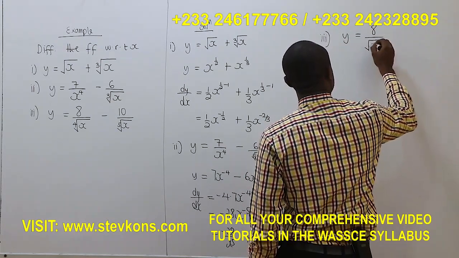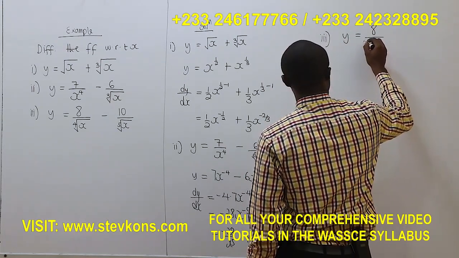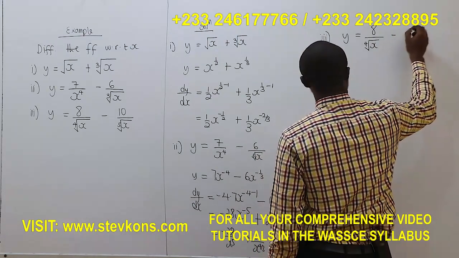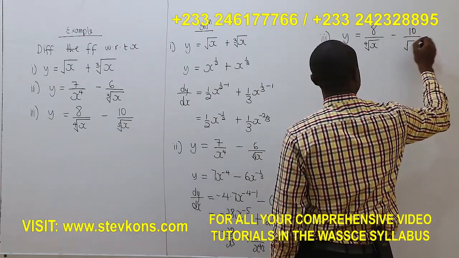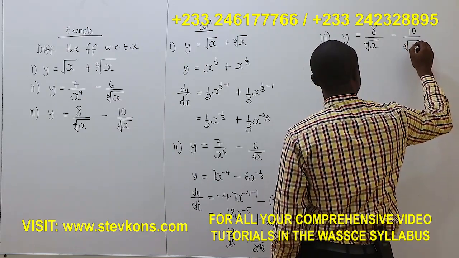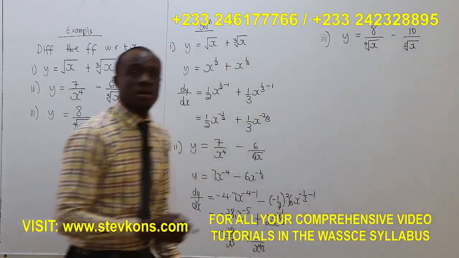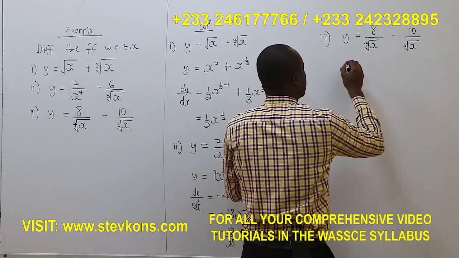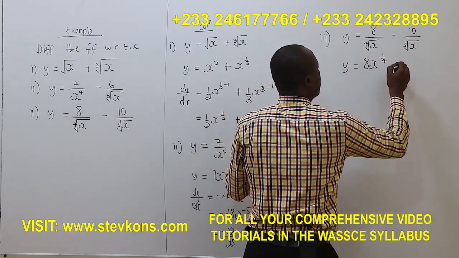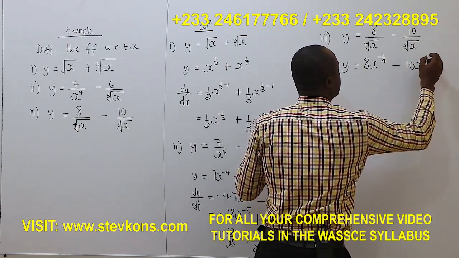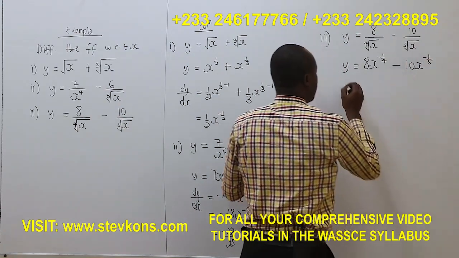We have the fourth root, and then minus 10 over the quintic root. From indices, this is the same as 8x to the power negative 1 over 4 minus 10x to the power negative 1 over 5.